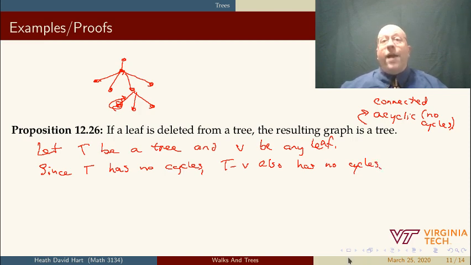You don't create cycles by deleting things from the graph. And so taking away that vertex means it has no cycles. T minus V is connected. Since we're deleting something that only had degree 1, there's no vertices on the other side of this vertex that would create a disconnection.